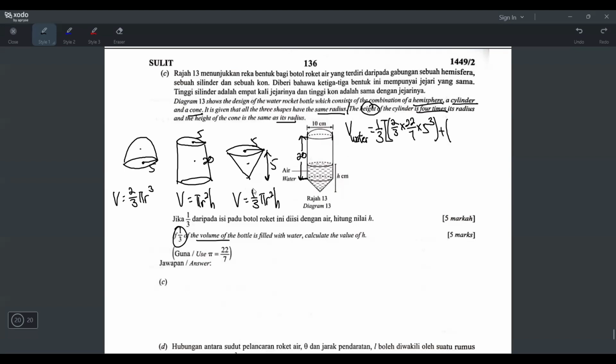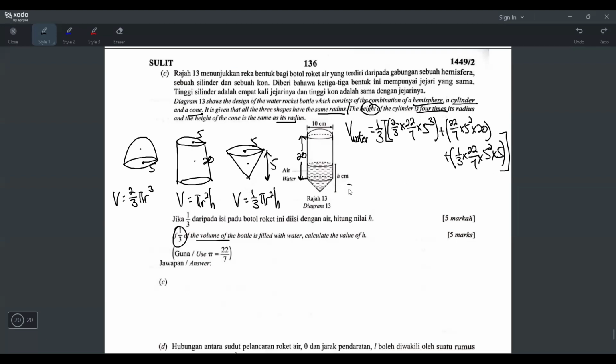Next is the cylinder, pi r squared h. Pi is 22/7, radius is 5 squared, times height 20. Done. The last one is the cone, 1/3 pi 22/7 times r, which is 5, squared, times the height of the cone, which is 5. You have to take the vertical height, not the slanted height. For volume, always take the vertical height, then close the bracket.